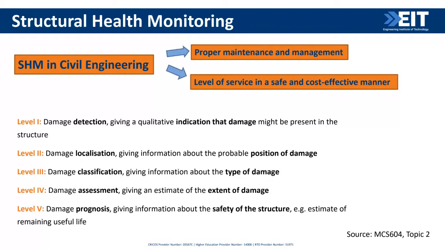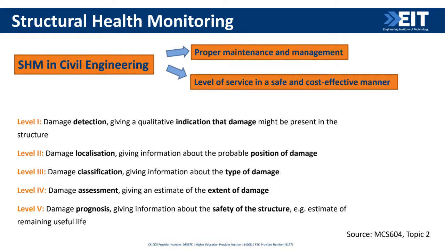I think you can just follow me this way. Level 1, damage detection. The monitoring is going to give an indication of the damage. Then we not only need to detect, but localization is critical.